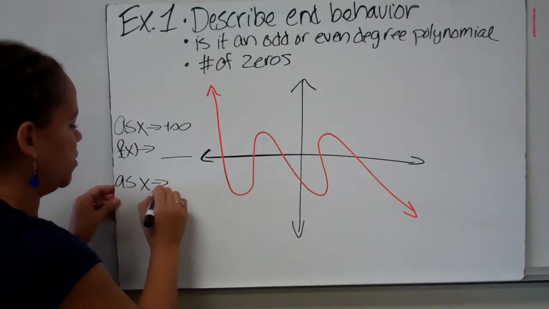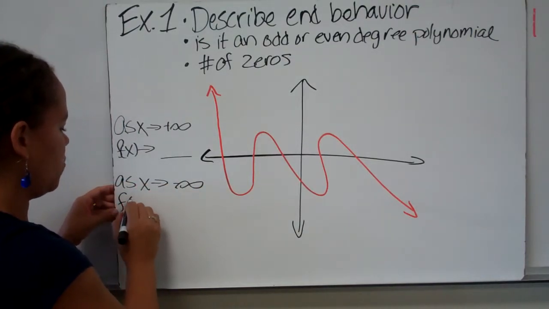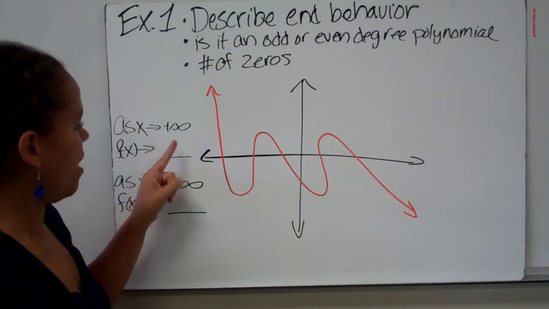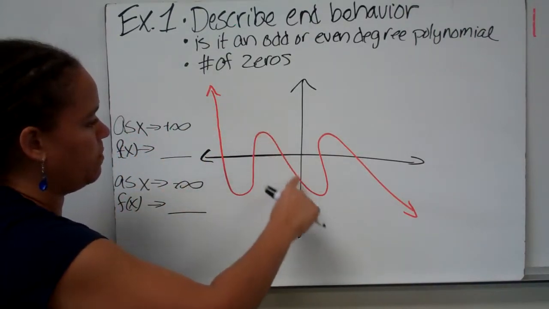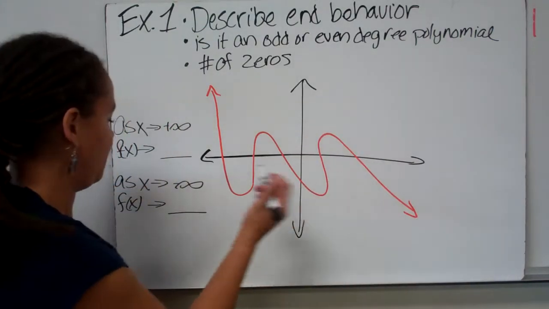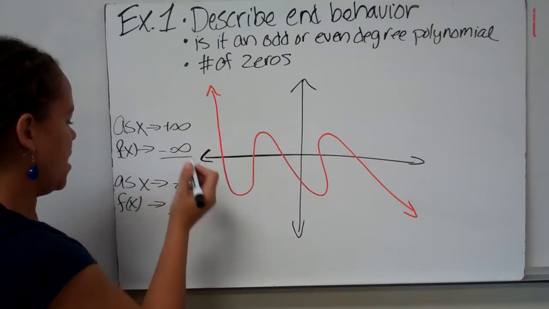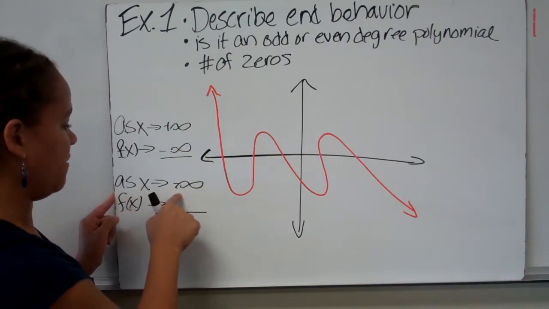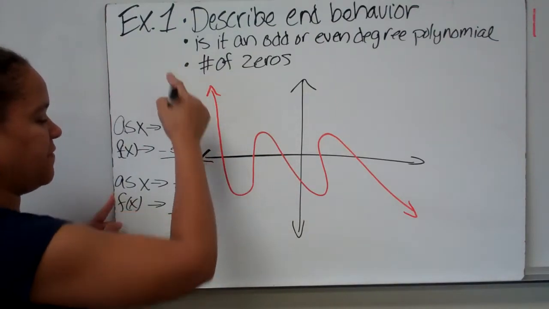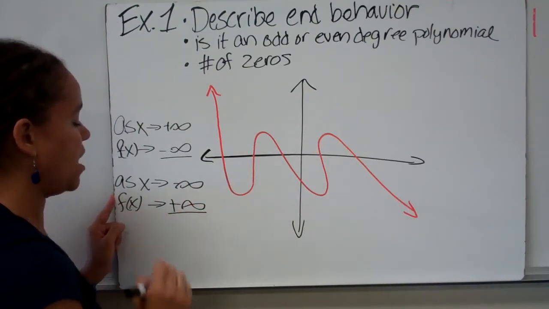As x approaches negative infinity, the graph approaches what? So as we travel to the right, all the way toward positive infinity, this graph ends up at negative infinity. And as we travel to the left toward negative infinity, so I'm traveling to the left, to the left, to the left, this ends up at positive infinity.